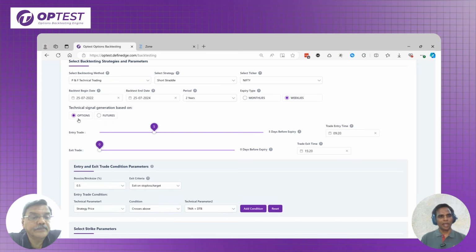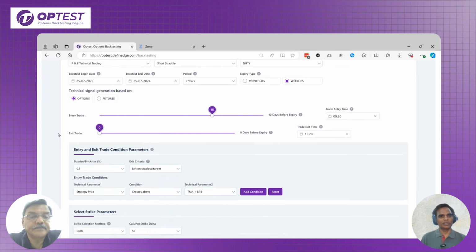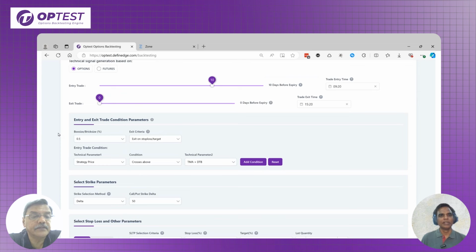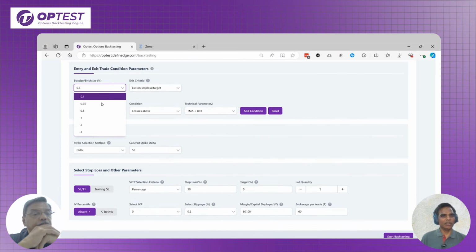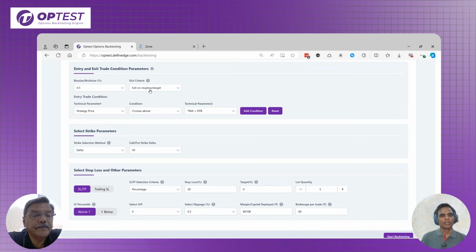And you want to do options? Yeah, on the straddle price, I mean on the straddle chart. So options basically. All right, brick size, box size will be 0.5.